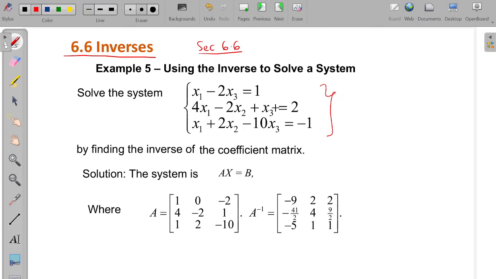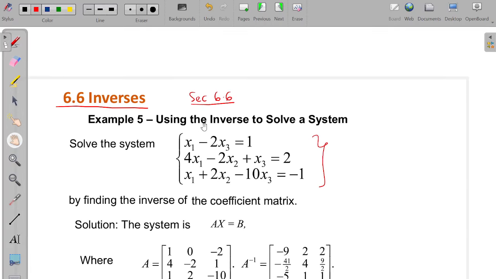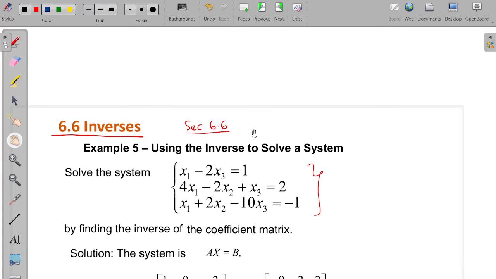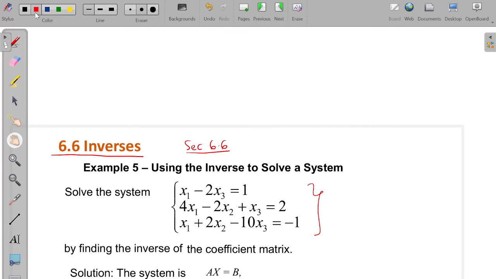In one of our previous videos, we used the method of the augmented matrix, and then we reduced that matrix and solved the system with that.